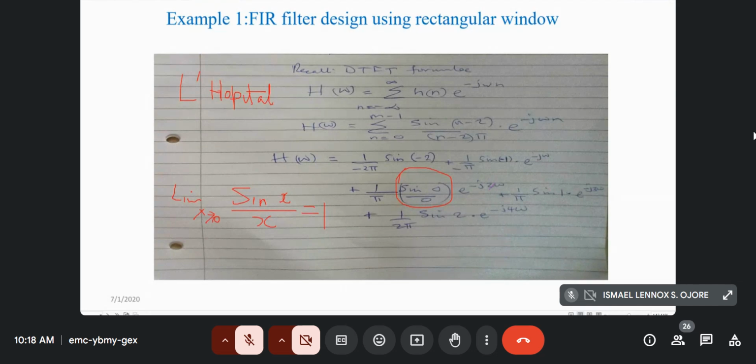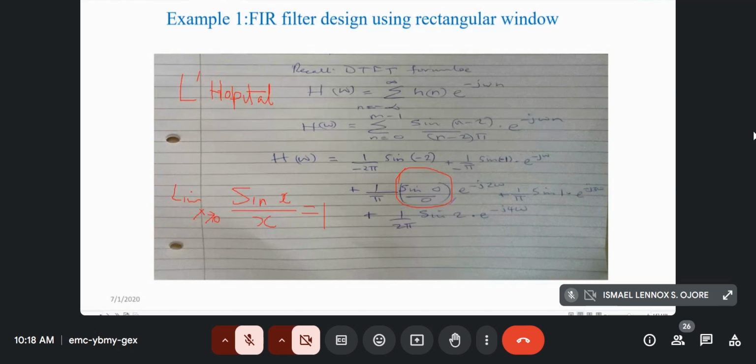You could have done this through this, where you can apply L'Hôpital's rule.